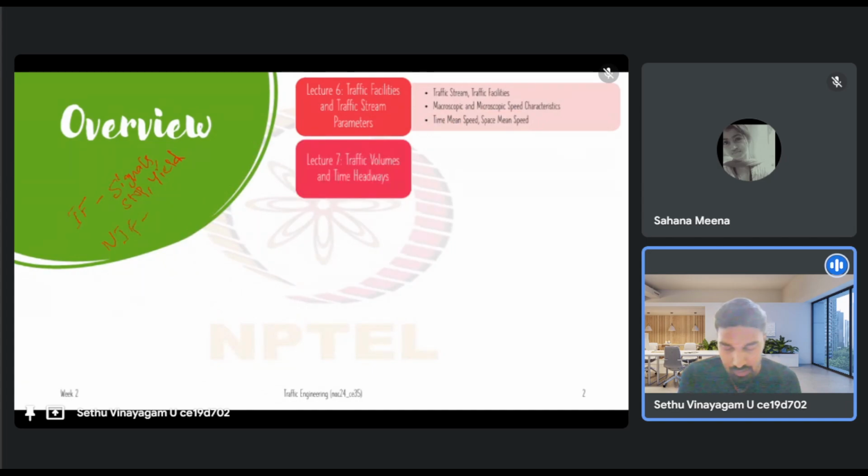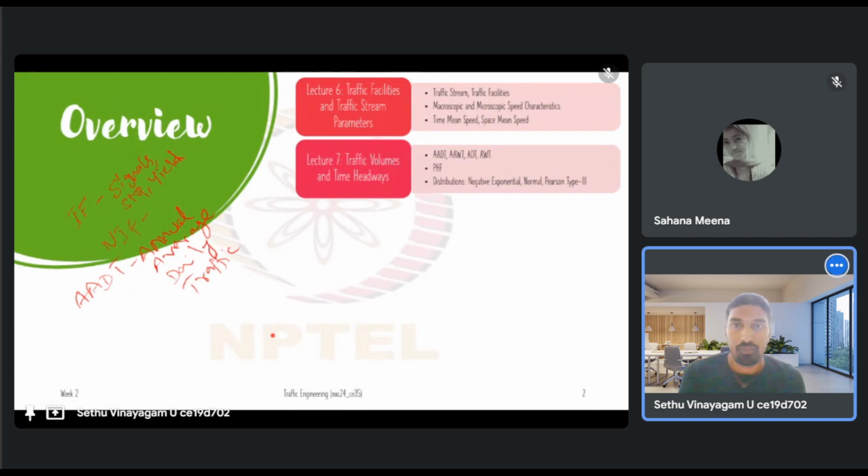In the second lecture, we were looking at traffic volumes and traffic headways. These are the other parameters other than speed. When it comes to traffic volumes, we have different ways of measuring them. We have the AADT, which means annual average daily traffic.